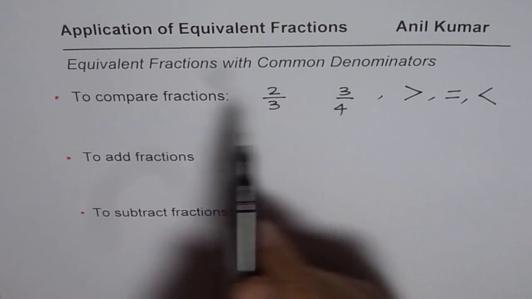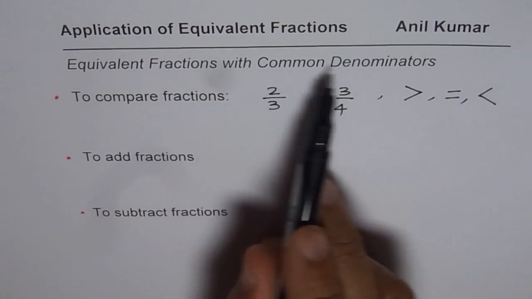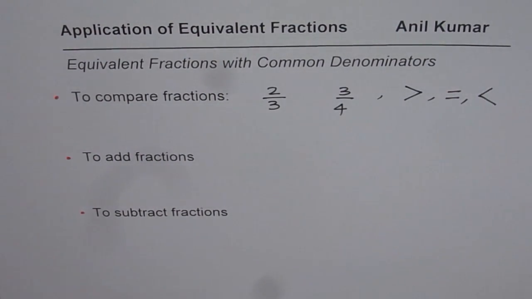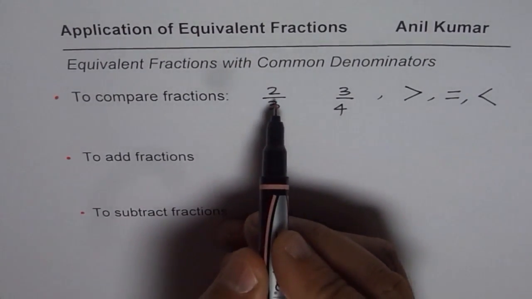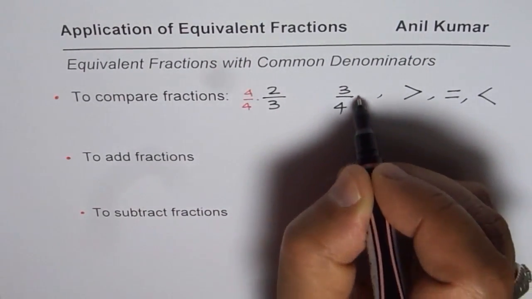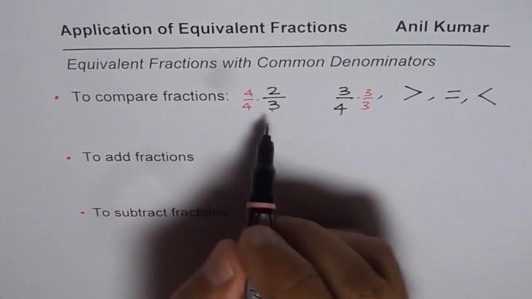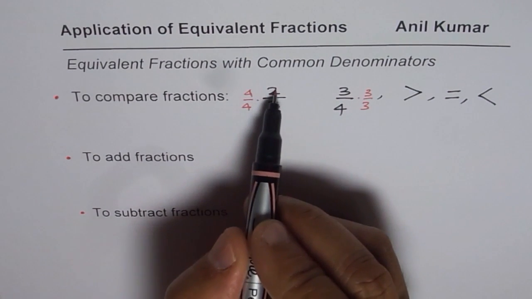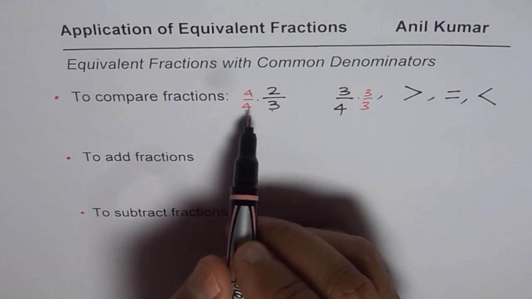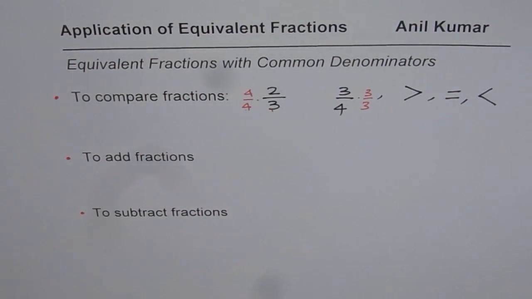That is to say, we need to write them as equivalent fractions with common denominator. So what I can do here is multiply the first fraction by 4 over 4 and the second by 3 over 3. That is to say, if I multiply numerator by 4 and denominator by 4, 4 over 4 is 1. Multiplying by 1 means same fraction, that is equivalent fraction, right?